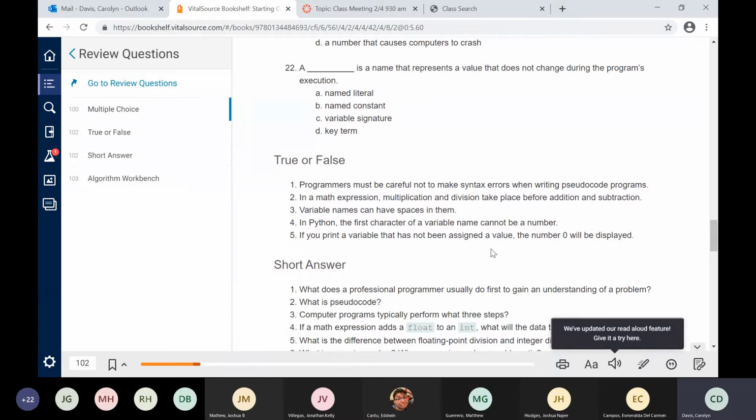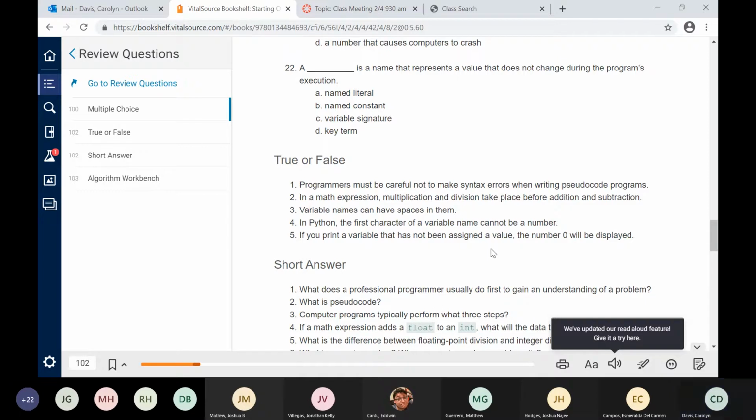Let's look at true, false. You don't have to know 1. Number 2, in a math expression, multiplication and division take place before addition and subtraction. That's true. Number 3, variable names can have spaces in them. No, false. Number 4, in Python, the first character of a variable name cannot be a number.